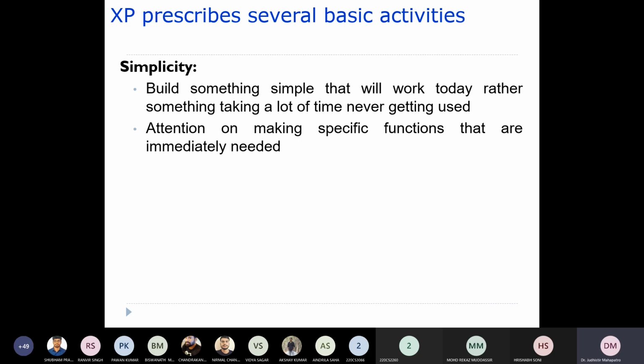So whatever is really required, immediately needed, you implement first, rather than spending enough time gathering all sorts of requirements at once, and then implementing that software and delivering it to the customer. So it's better that you start with something, a few user stories.